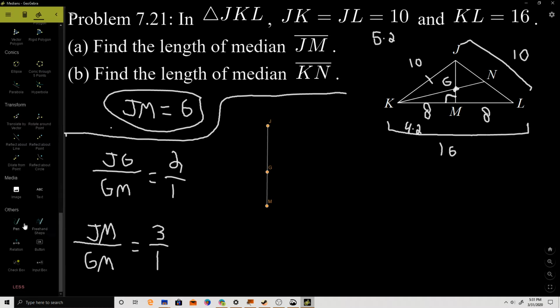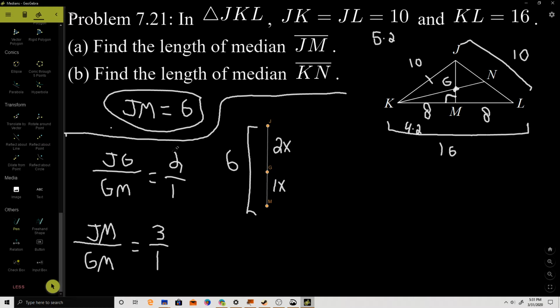And now I know that the entire thing, JM, has a length of 6. Now, I know that there is a 2-to-1 ratio where, like, this is my 2x and this is my 1x.